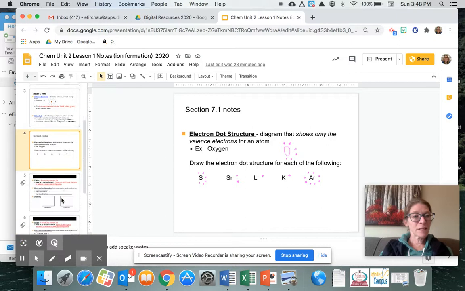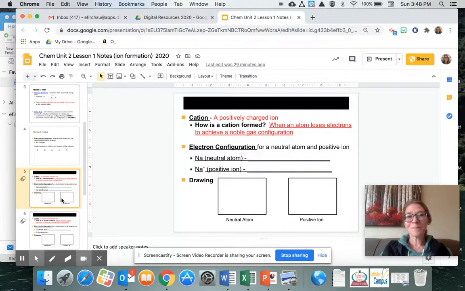All right, here we go, moving on. So we have cations and anions that describe the ions. A cation is a positively charged ion, and cations are formed when an atom loses electrons to obtain a noble gas configuration.